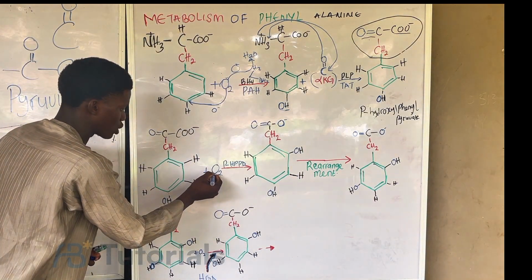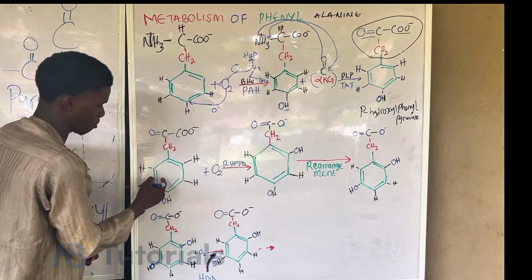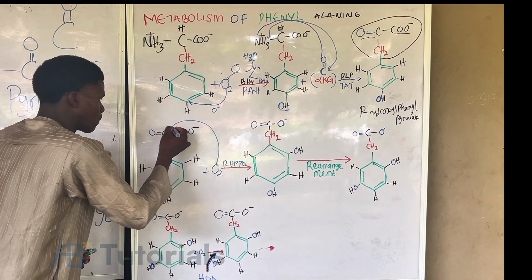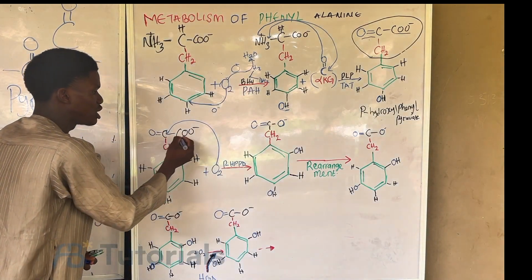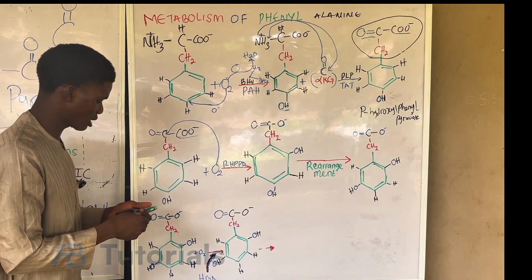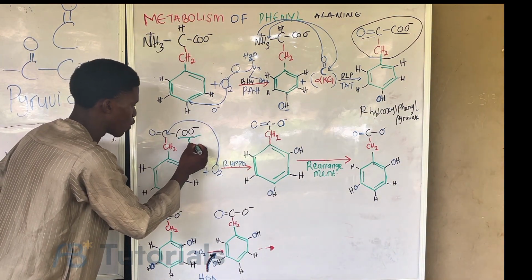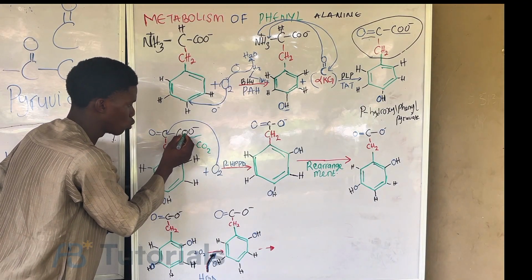Now we're gonna add oxygen to both this alanine part and this ring part. So the oxygen here is coming here, and it will attach to this carbon and knock out this COO. Do you understand that? So it's gonna knock this guy out, and this guy will go out in the form of CO2. You can see C and 2 O.